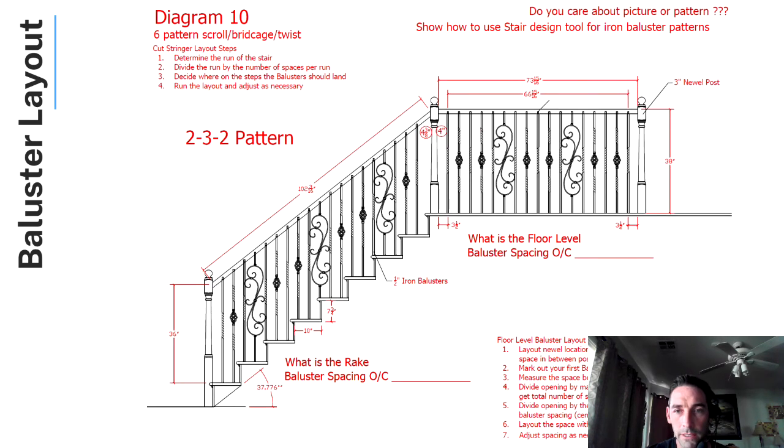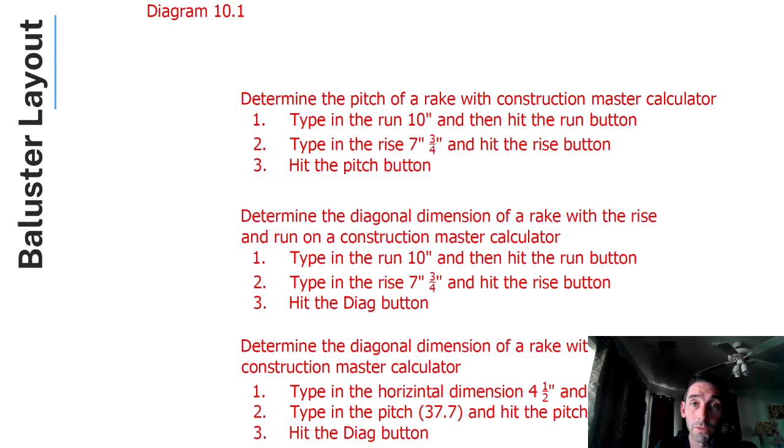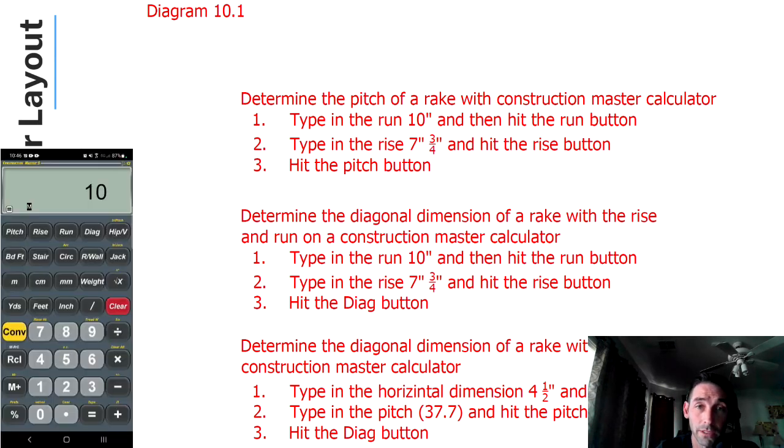What else do we got here? A couple more examples. Again, what we're doing is the same thing on the rake, a 2-3-2 pattern. On the floor level, we're just showing a few different options that come about. So determine the pitch of a rake with a Construction Master calculator. Type in 10 inch and hit the run button. So I'm going to type 10 inch. I'm going to hit this up here that says run.